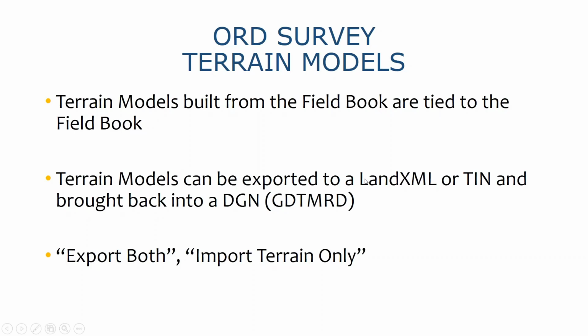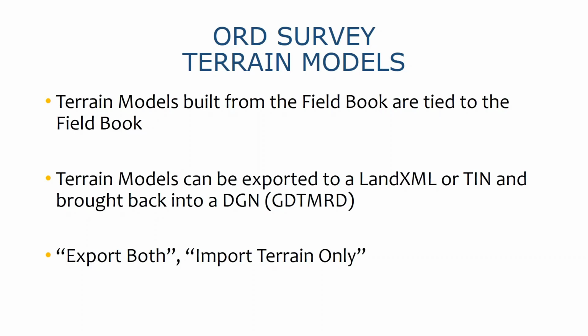Okay, terrain models can be exported to a land.xml or a TIN file, and you're probably going to find that happening quite often in order to separate it, because anything that changes in the survey is going to also change that terrain model. So if it is dynamically linked, and you need to keep the survey terrain model static, then it will need to be exported as a land.xml or TIN.